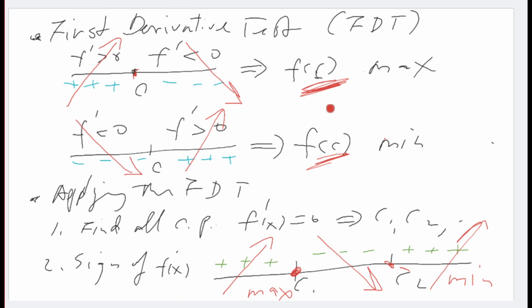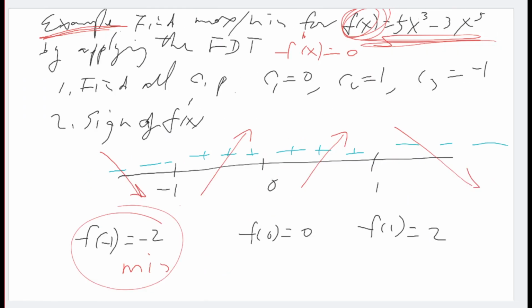If there's no change of increasing, decreasing behavior, then there's no maximum, minimum. For example, if you have a graph that's increasing and keeps increasing, you can see this location is neither a maximum nor a minimum. All right, so we cannot tell. So nothing.